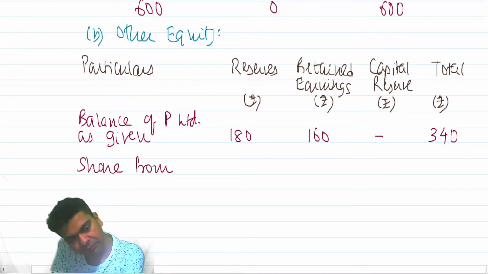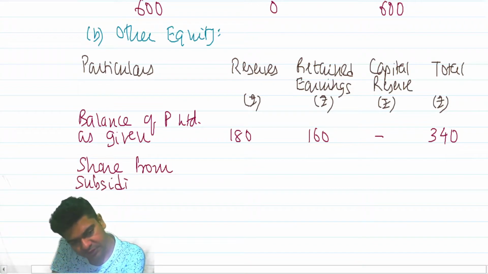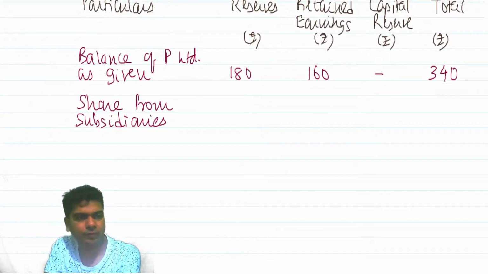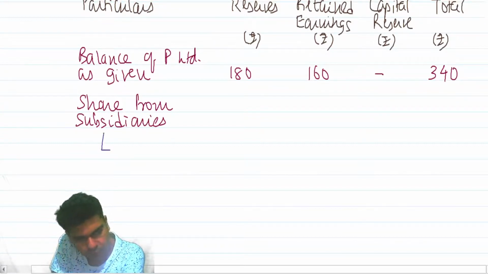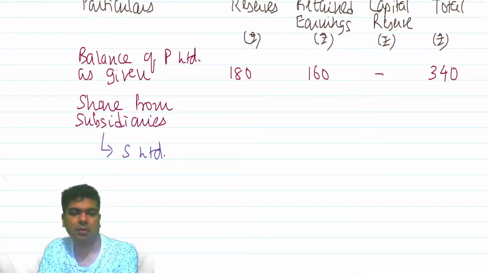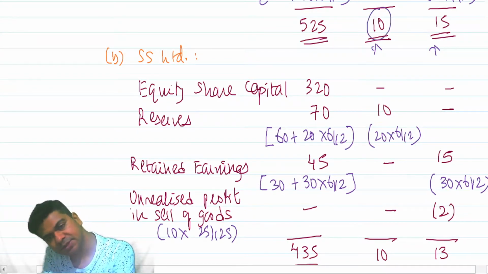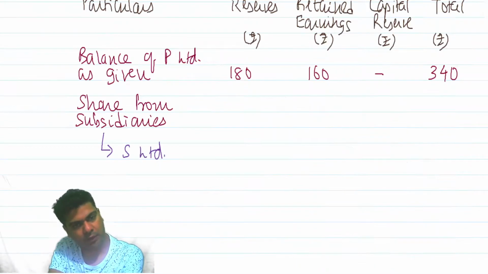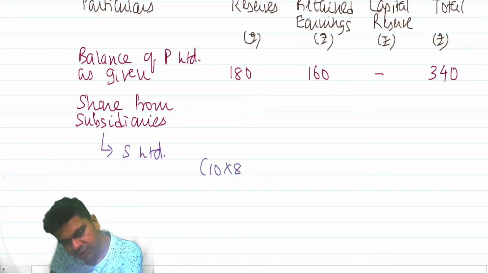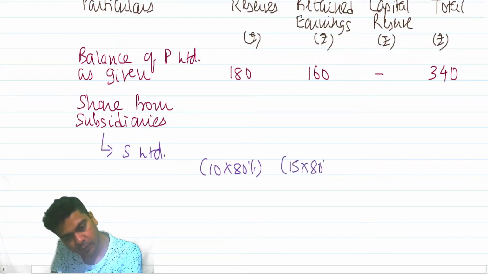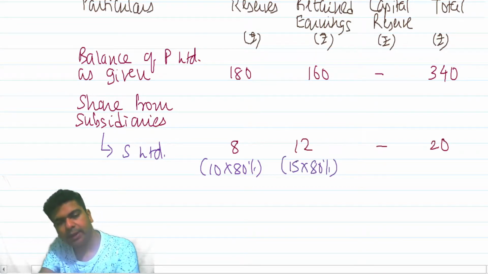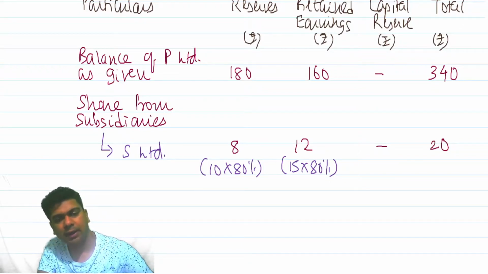Then we say share from subsidiaries. Share from subsidiaries, S Limited. Here it is, this 10 and this 15, right? Our share is 80%. Eight, 12 and 20.